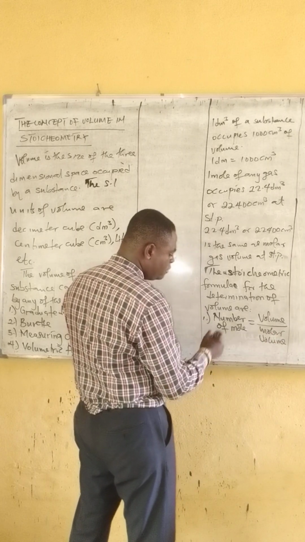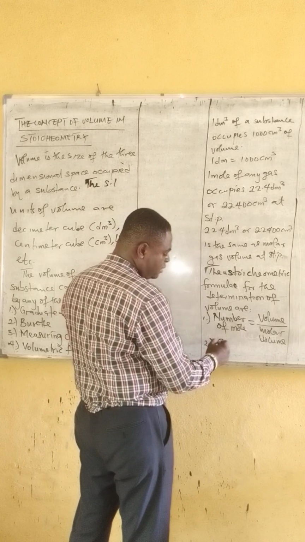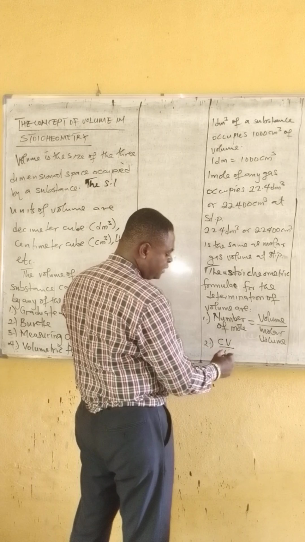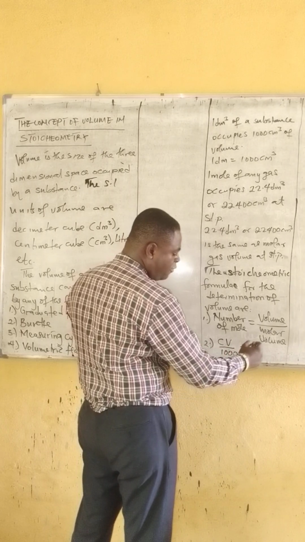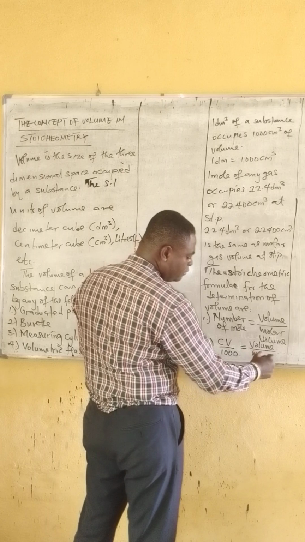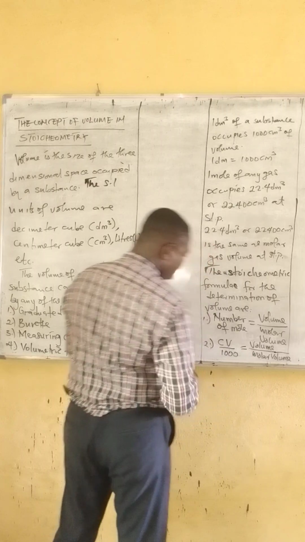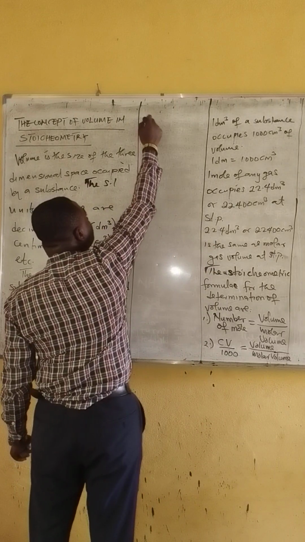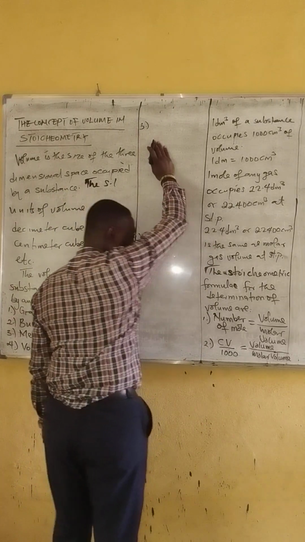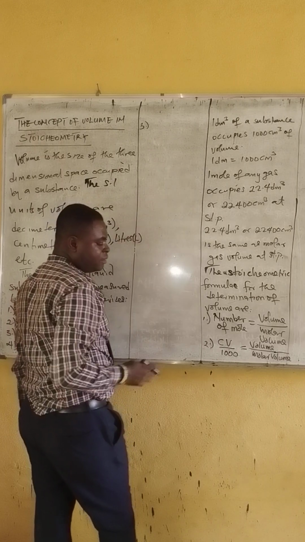Then number 2, we have CV over 1,000 equal to volume over molar volume. Then number 3, you can see half.